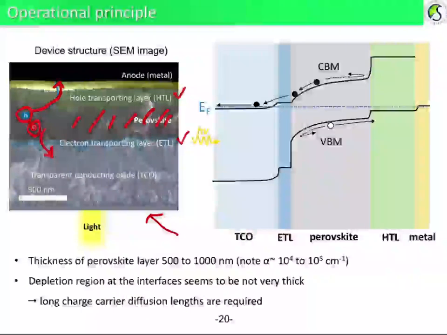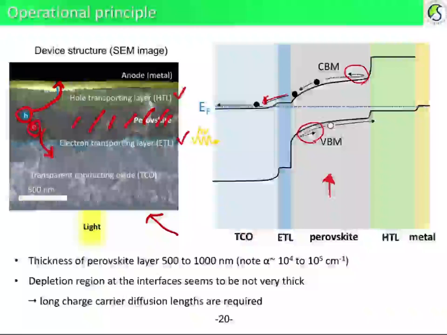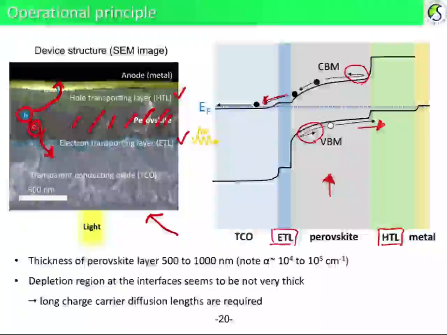The electron transporting layer serves as a hole blocking layer while it transports the electron, and the hole transporting layer serves as an electron blocking layer while it transports the photogenerated hole. Typically we call this charge transporting layer a selective contact.